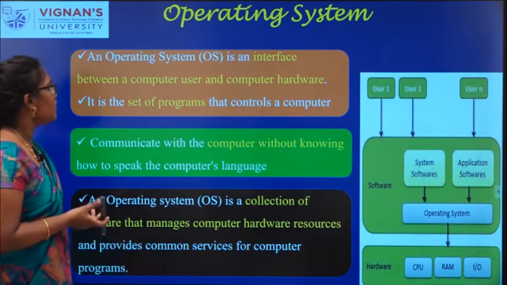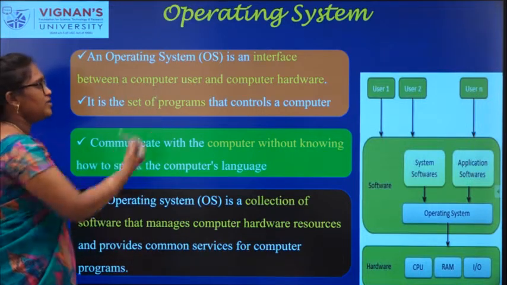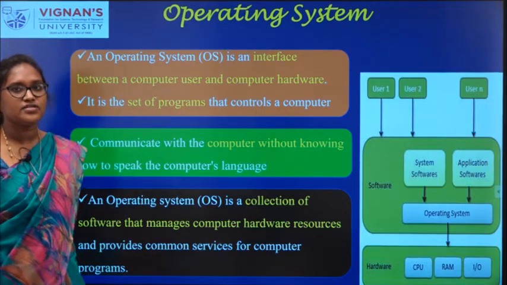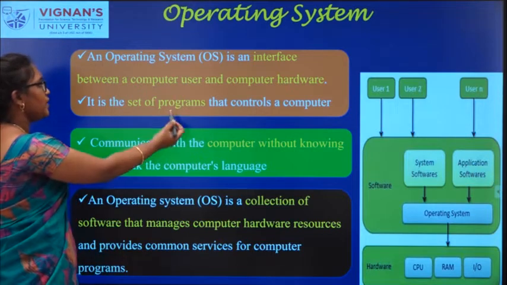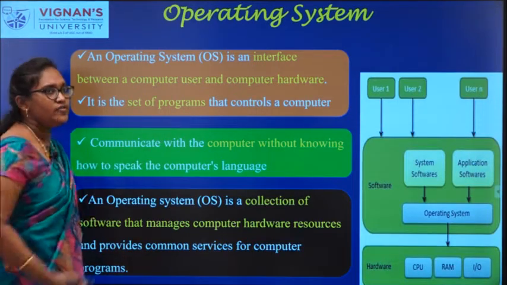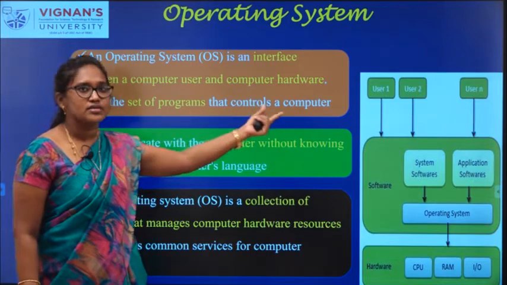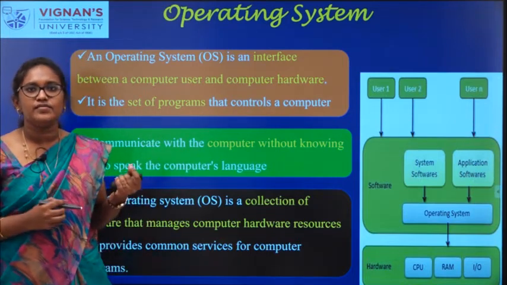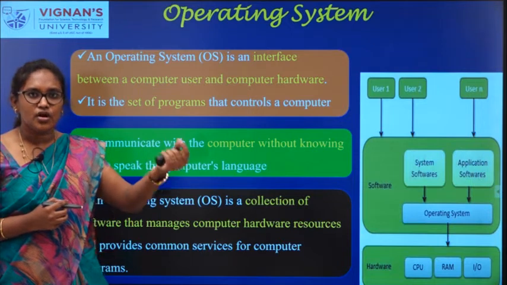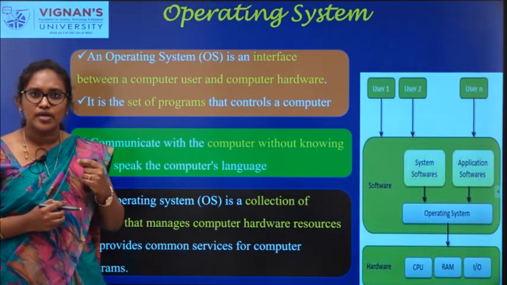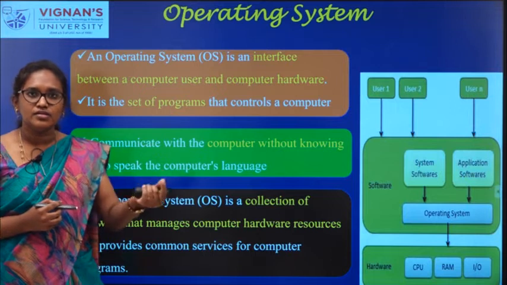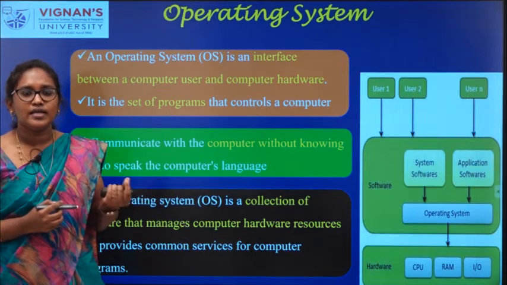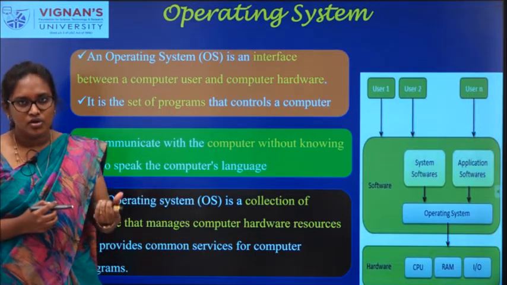So, in the case of an operating system, first, it acts as an interface. Second, it is a set of programs that controls a computer. Whenever you communicate with a computer, we need to talk with a set of programs written in binary language, in zeros and ones.